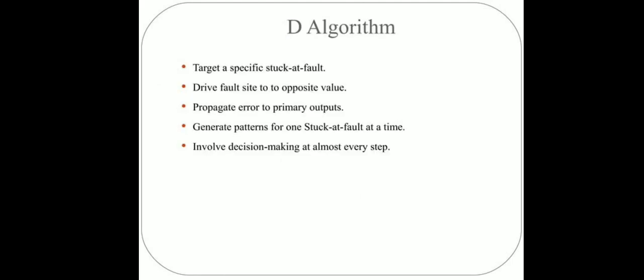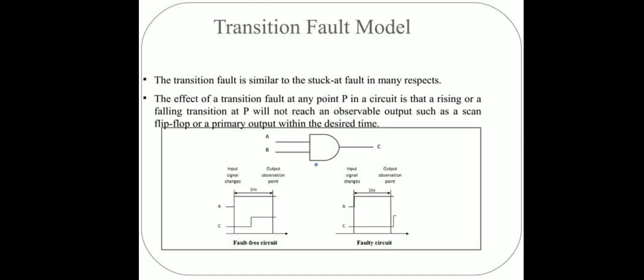And the D algorithm is the major technique that we use for targeting a specific stuck fault. It sets the opposite value and provides error propagation to a primary output. It generates the patterns for one stuck fault at a time and also involves decision making.